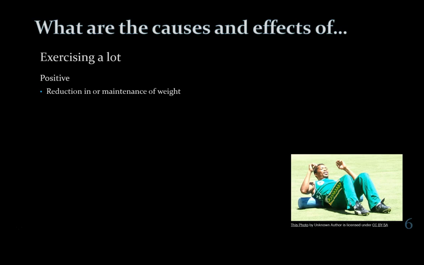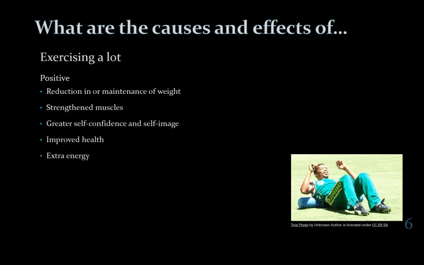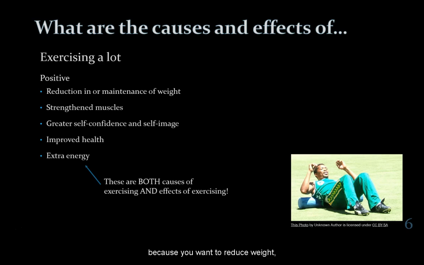Reduction in or maintenance of weight, strengthened muscles, greater self-confidence and self-image, improved health, extra energy. And let's note that these are both causes and effects of exercising. So, because you want to reduce weight, you exercise and you reduce your weight.